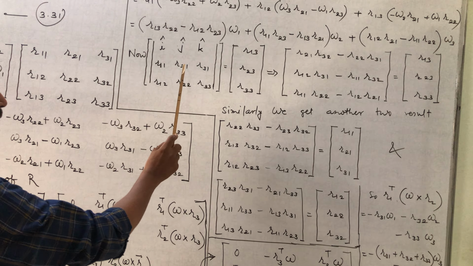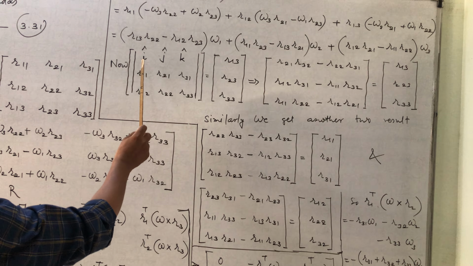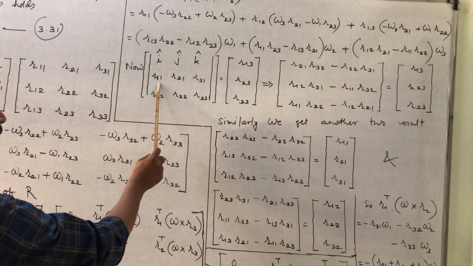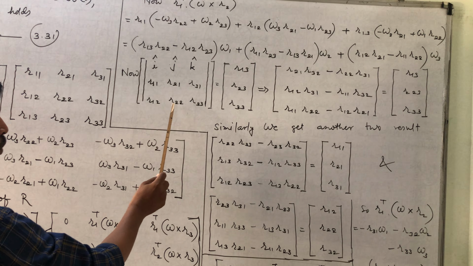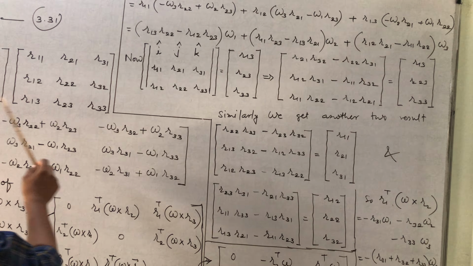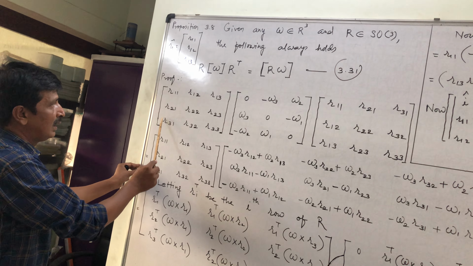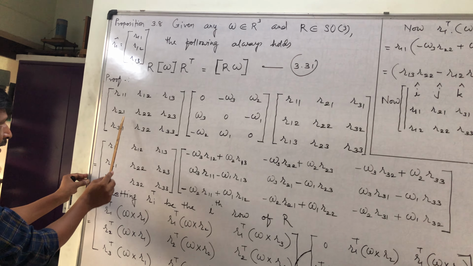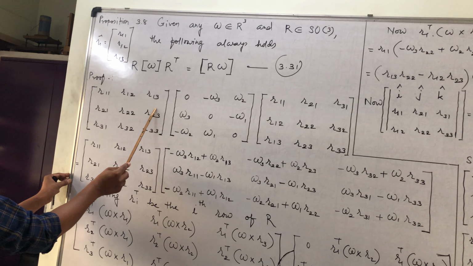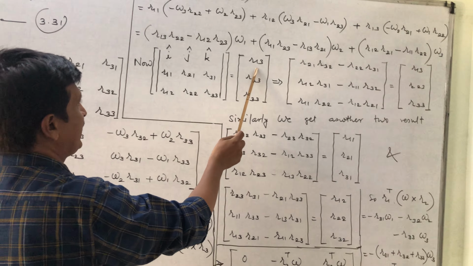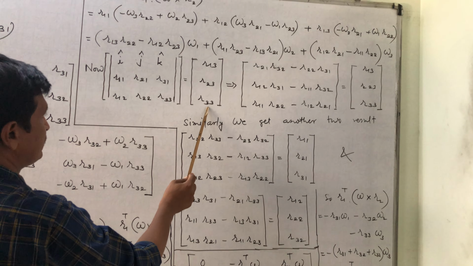Now this one, of the i, j, k: R11, R21, R31, R12, R22, R32. This vector and this vector. If you consider this vector cross this vector, we get this. So we have taken R13, R23, R33.